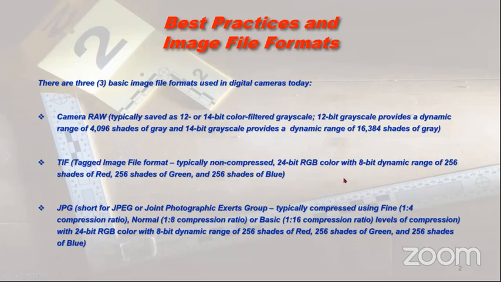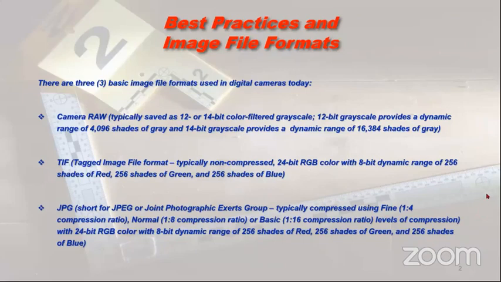TIFF is, again, something that is a 24-bit color by default, or it could be 16 bits per channel or per shade, or 48 bits for the image. And then we get into JPEG.